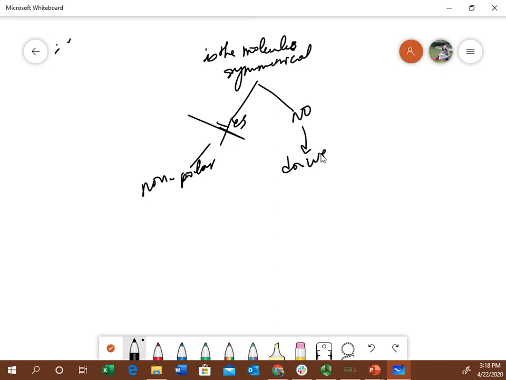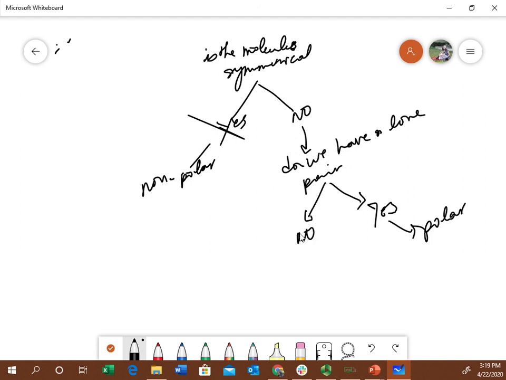Do we have a lone pair of electrons? If you answered yes, then the molecule is polar. If you answered no, then you're going to ask yourself another question.